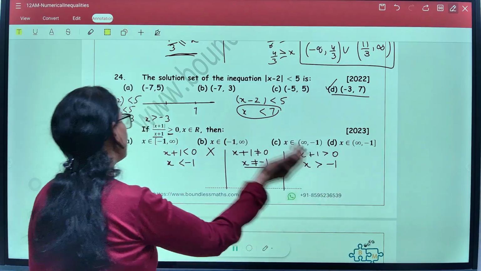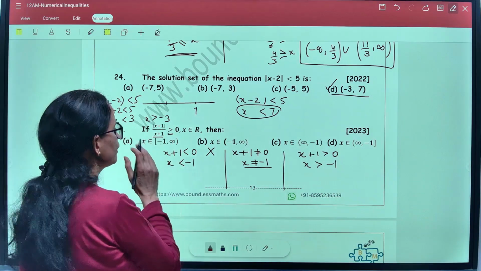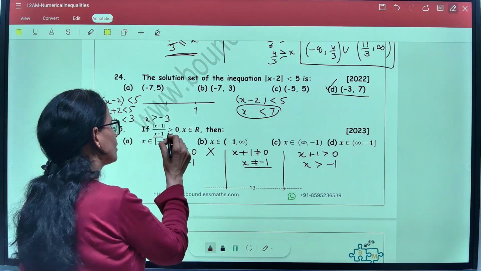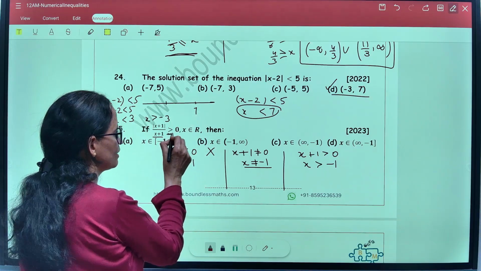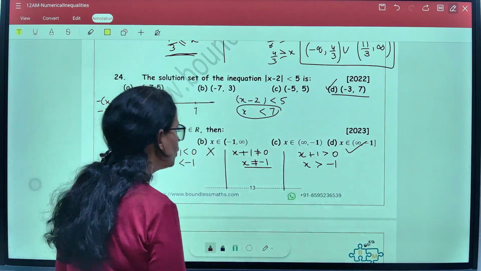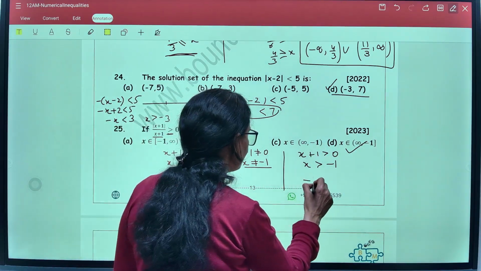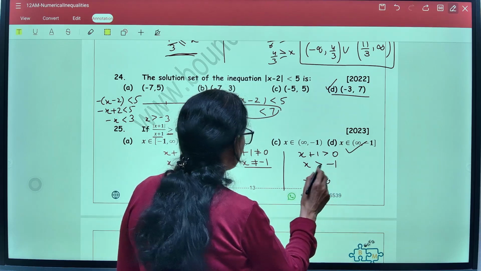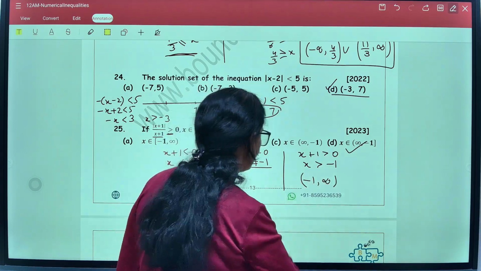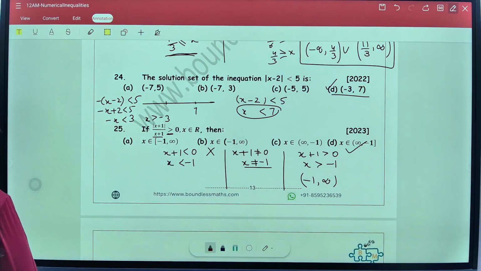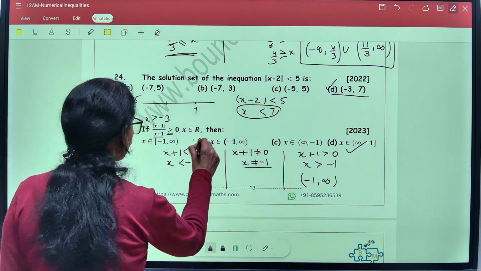If x is greater than -1, the denominator will give you something positive and the overall answer will be positive as needed by this greater than sign. So that means this is the only situation that you need to handle. So the solution set is going to be -1 till infinity, not inclusive of -1. So circular bracket on both the ends. -1 till infinity. So that means the answer is option B.